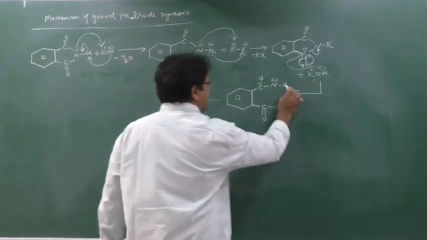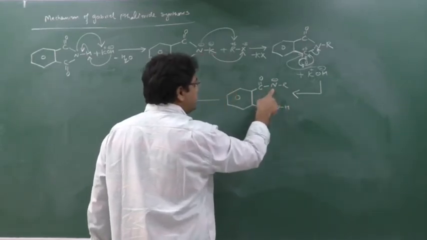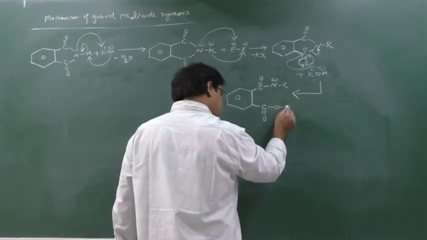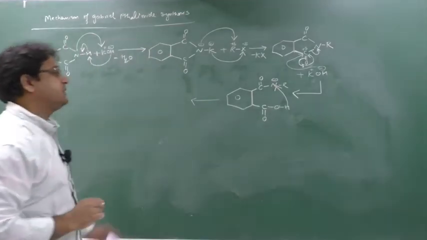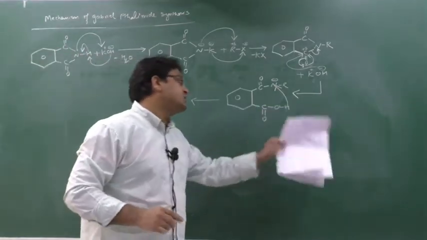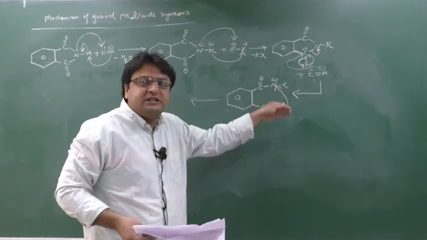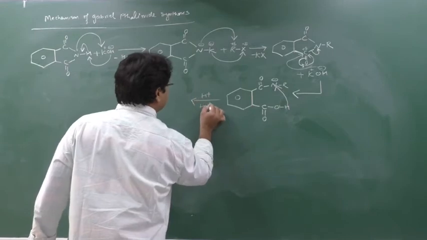Now what will happen? See here, this is OH, so again this is an acidic hydrogen. The nitrogen is in need of electrons, and this is an acidic hydrogen, meaning H plus. So this H plus will transfer to this nitrogen to satisfy its negative charge, because H will be removed as H plus, and H plus is transferring within the same molecule. So I am calling it H plus transfer.